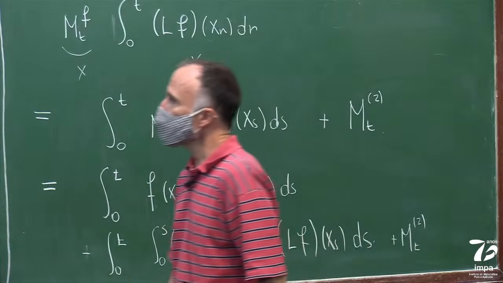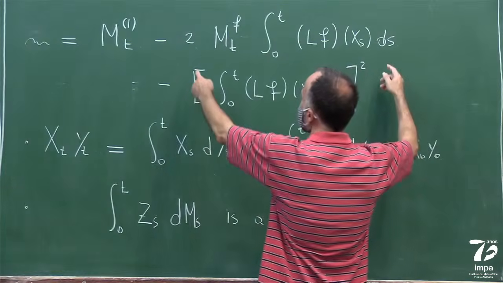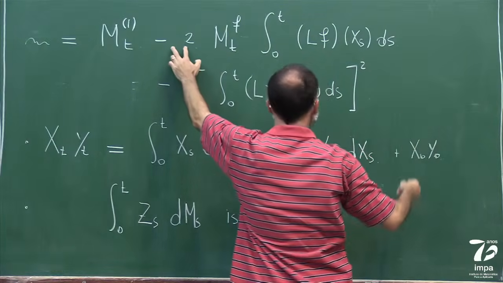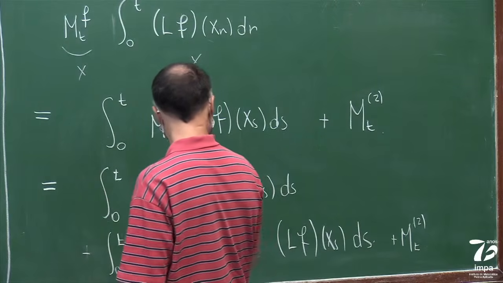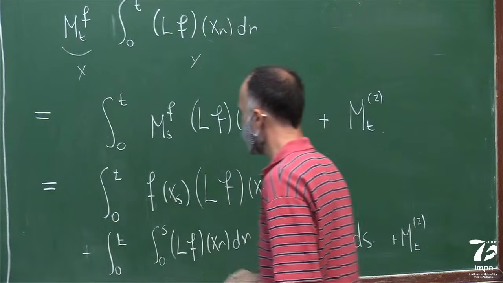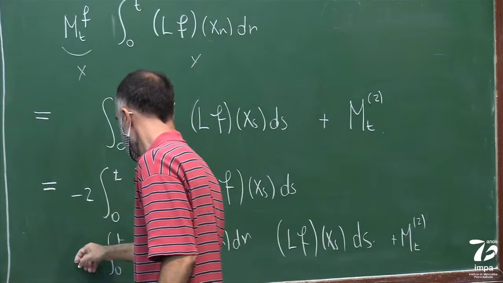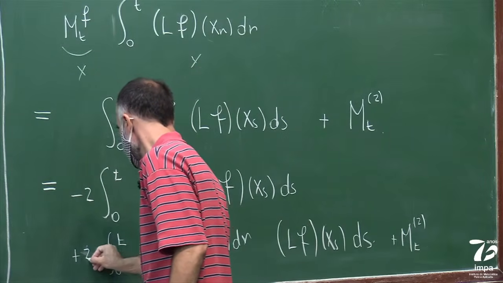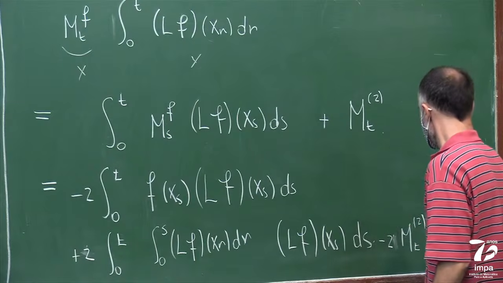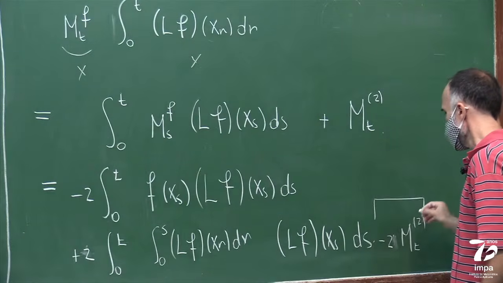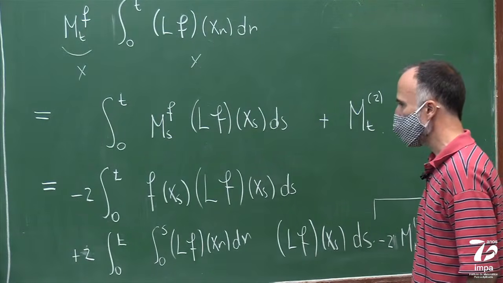So now let's recall what we are doing. We are computing this term. There is a minus 2 in front. So this minus 2 will give me a minus 2 here, plus 2 here, and a minus 2 here. So this is still a martingale. That's fine.